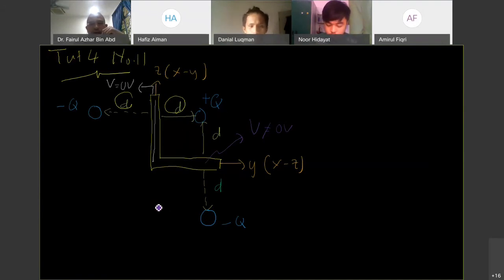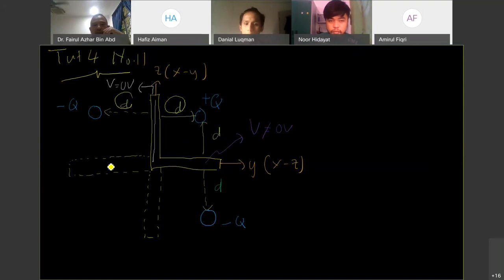So that's why we need to create an image for this particular plane. Because we have this shape of plane, the image for this plane is in this shape, in order to make the arrangement of the charges balanced to each other.